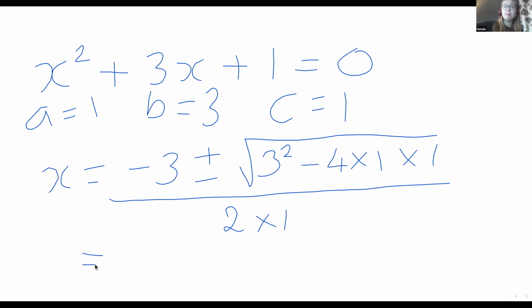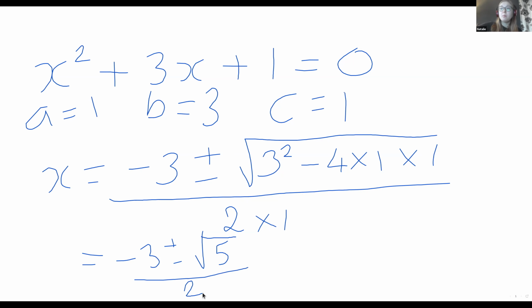So we're going to simplify this a little bit. We're going to say minus 3 plus or minus the square root. Well, 9 is 3 squared, and 4 times 1 is 4. So 9 minus 4 is 5. So the square root of 5 all over 2. Now, if we were asked to give this in an exact form using surds, that could be our answer.